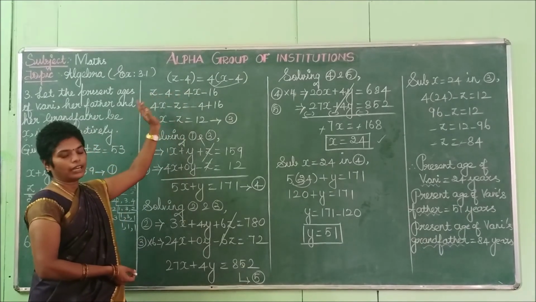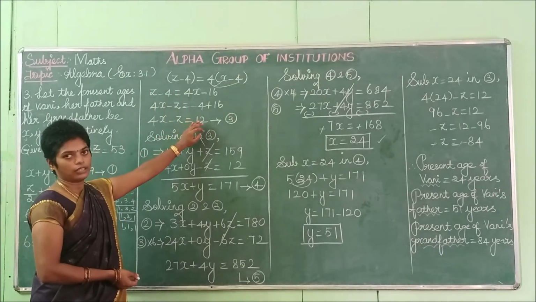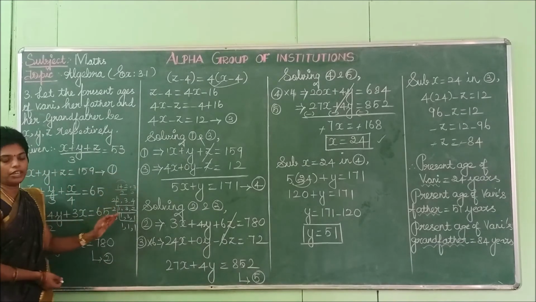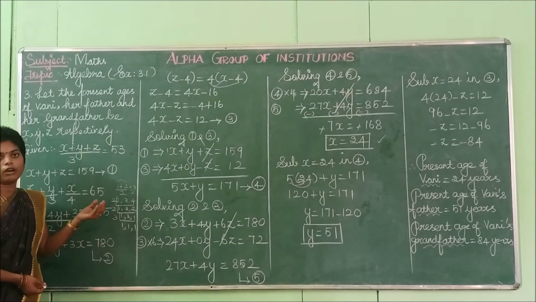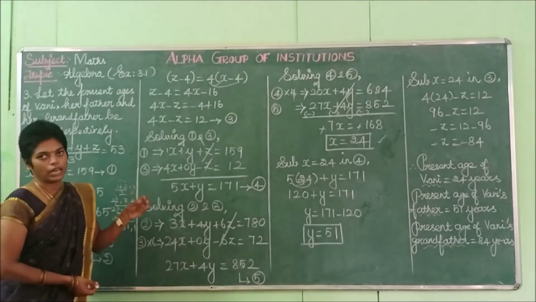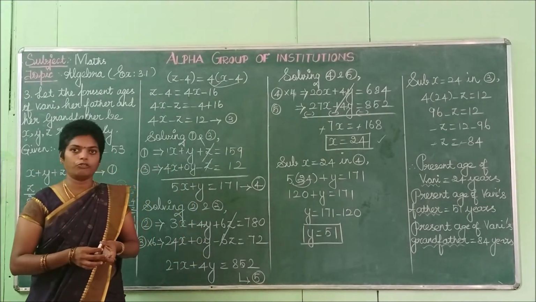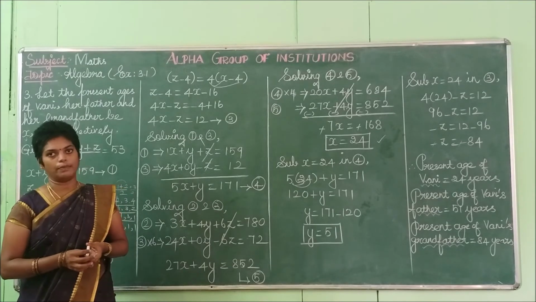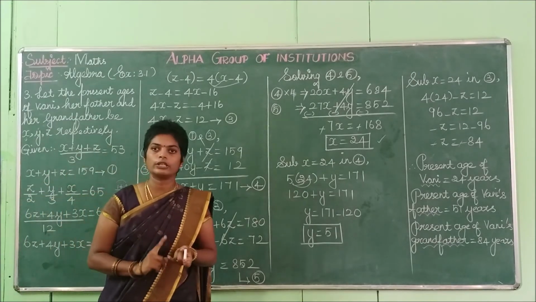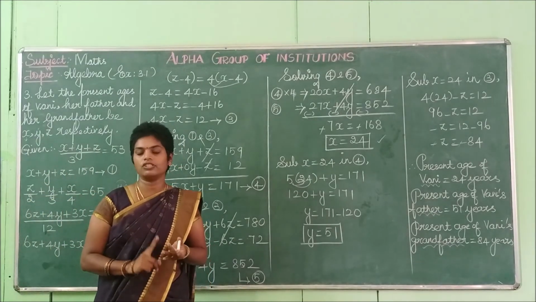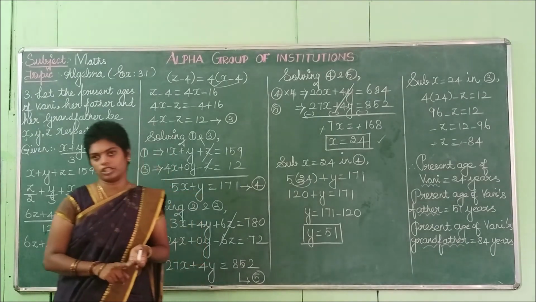Multiply inside and arrange in a single set to get another equation. So we got 3 equations. Solving 1 and 2 or 2 and 3, you get another equation. Again you solve the equations and get the value for each variable. x is Vani's age, y is her father's age, z is her grandfather's age.